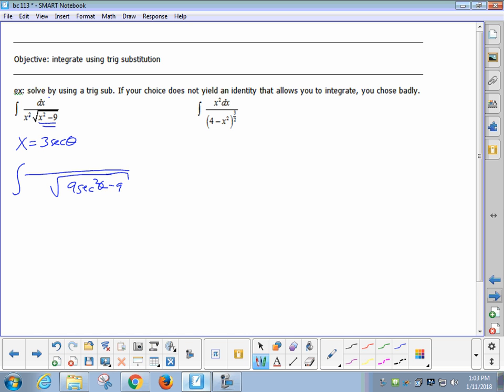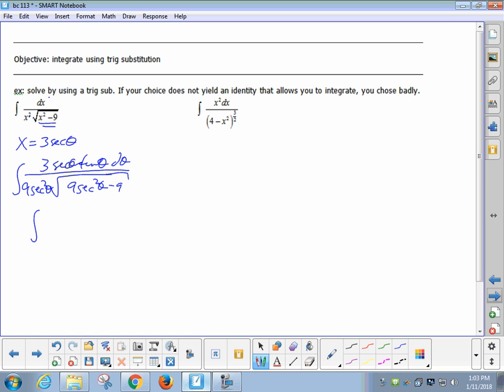So that's going to work. That then means we can do the other pieces. dx, what will dx be? 3 secant theta tangent theta d theta, and what is x squared? 9 secant squared. Okay. Here's where we still have some work to do, cleaning up as quick as you can do without error.